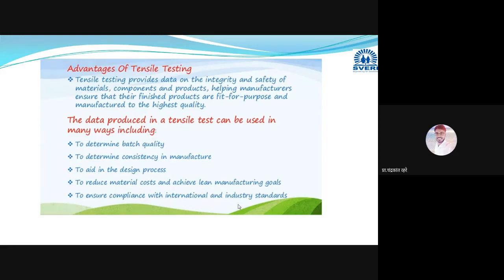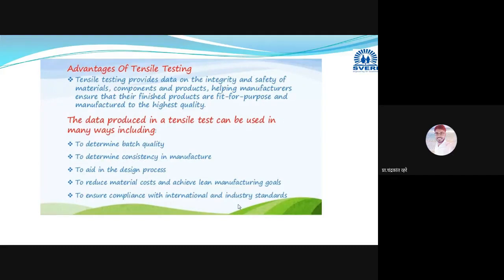So not only tensile, other testing methods are also necessary as per the loading condition. Suppose in some cases there is compressive loading, then in that condition we need to test our product for compressive stress, whether our product is capable of taking compressive stress or not.